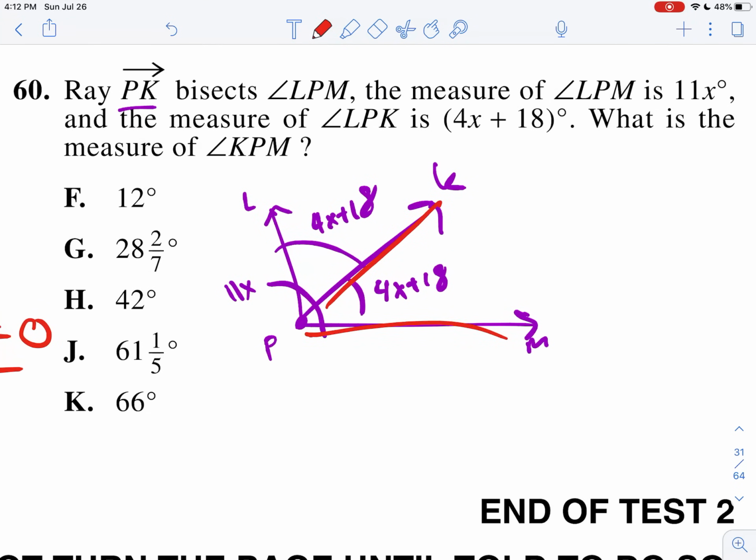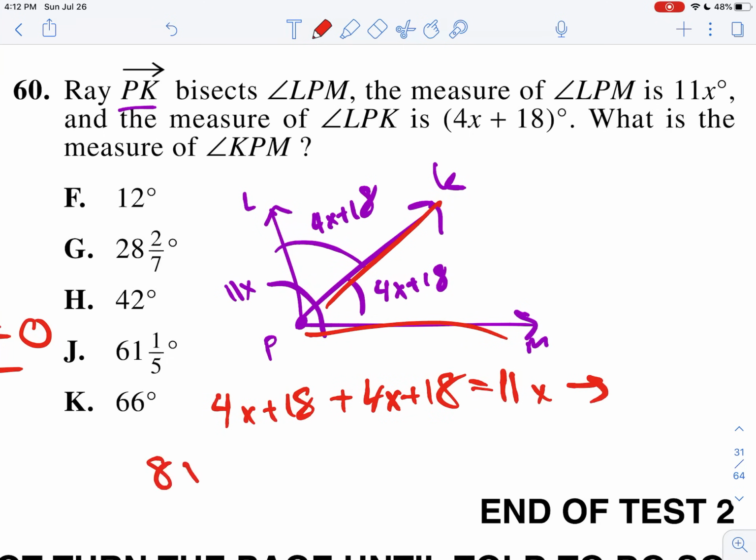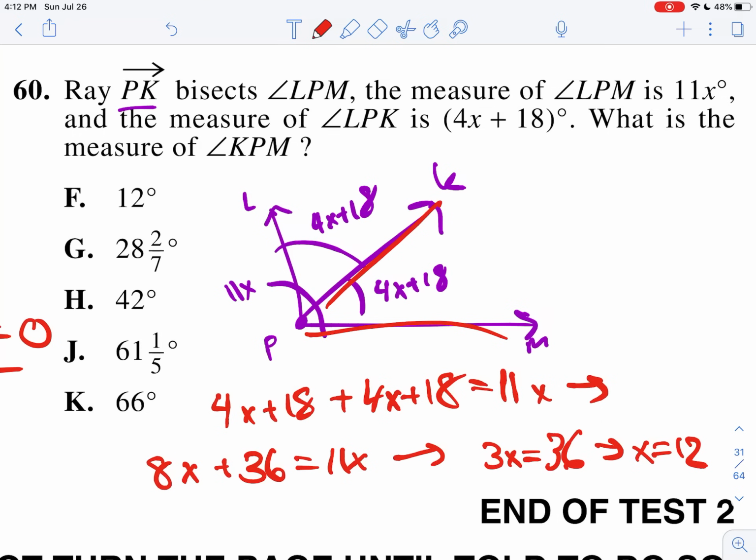We basically have to solve for x. You can do that by doing 4x plus 18 plus 4x plus 18 equals 11x. Solve for x. 8x plus 36 equals 11x. You will get 3x equals 36. X equals 12.